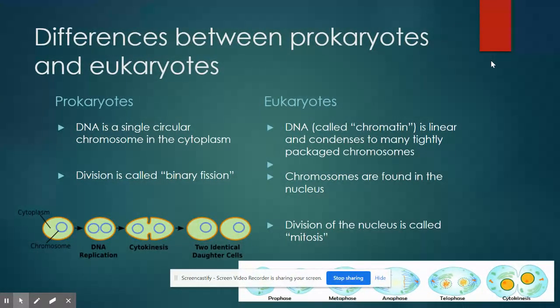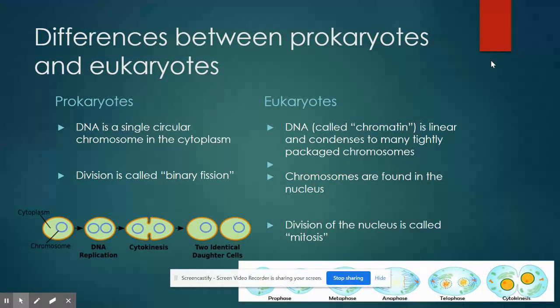And we have a picture of it below where they've got a circular chromosome. That chromosome replicates because each cell needs a copy of DNA. And then the cell splits in two, and you have two identical daughter cells. Now, when it says identical, that means the DNA is the same and everything is basically the same. This process is called binary fission, and you'll need to remember that for the test.